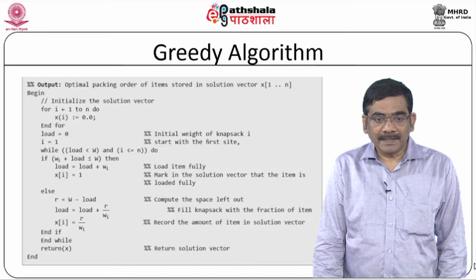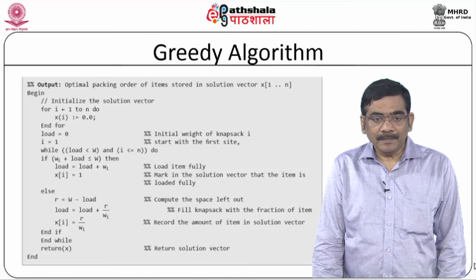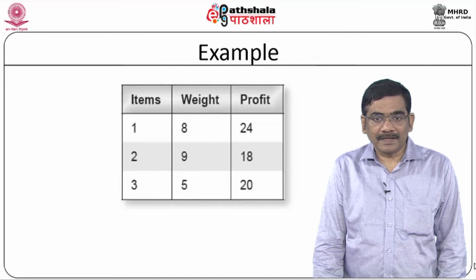I am taking the remaining items, and based on that I am taking the fractions and I keep on filling the knapsack. Whenever I am filling the knapsack with a particular item, the corresponding vector entry is going to be 1. This is the formal algorithm for that.